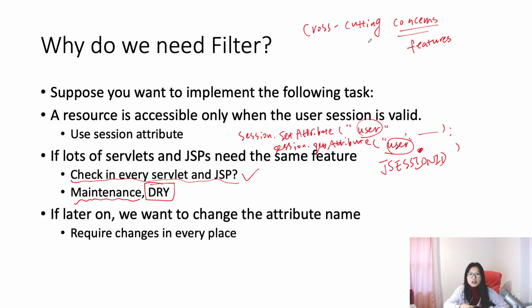Here we have this feature: when a user session is valid, some resources can be accessible, otherwise they cannot. For this kind of task, you need to have a filter.